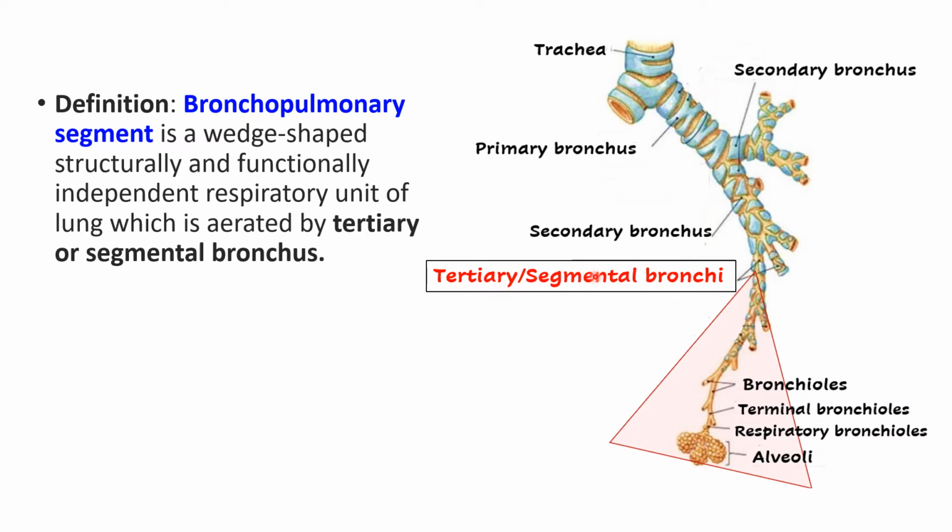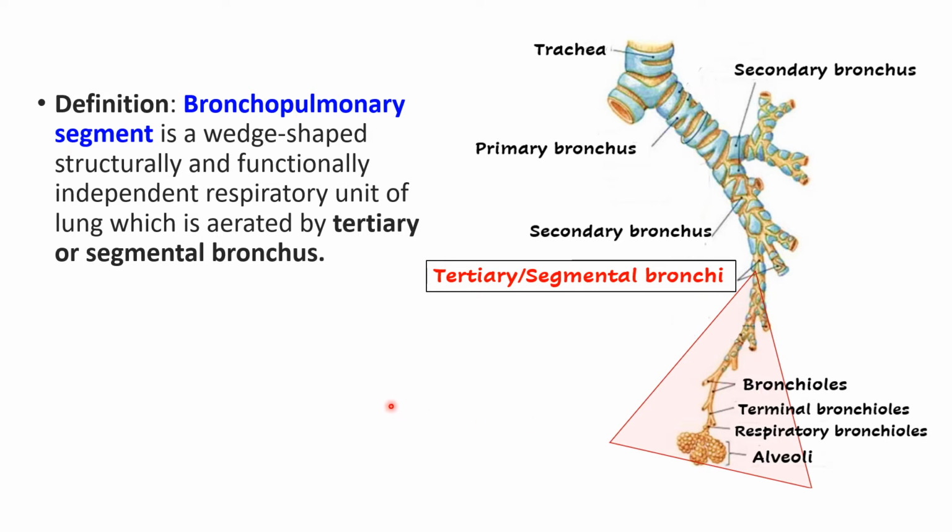We can see this is one of the tertiary or segmental bronchi here, and its further subdivisions into smaller bronchi, then into bronchioles. Finally we have alveolar sacs and alveoli. So this whole area we have just shown one. There will be a number of branchings here, a number of bronchioles and alveoli will be there.